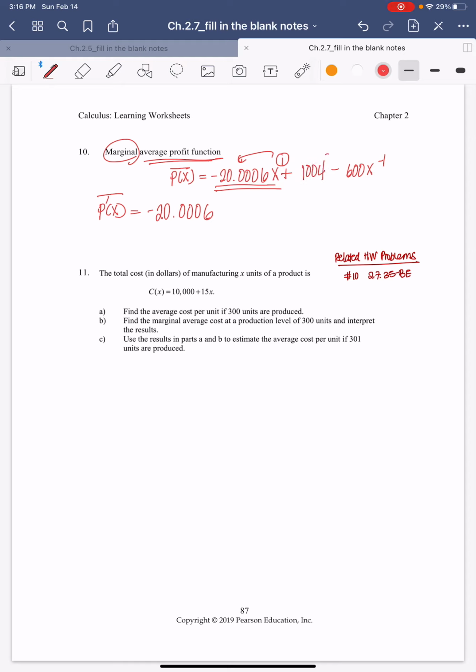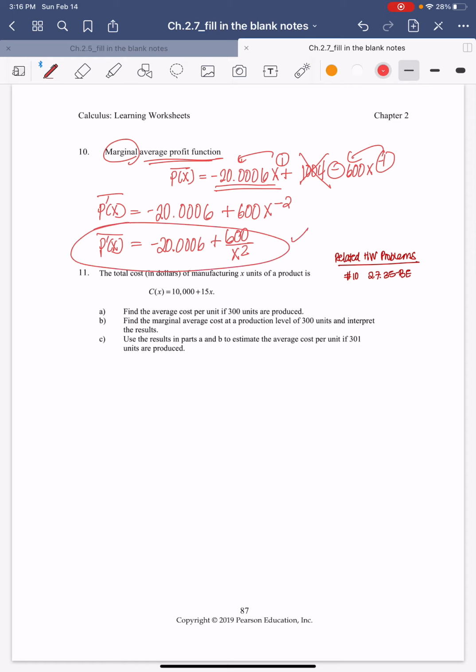But 1004 is a constant term, so it disappears. For the last one, negative times negative makes a positive 600. Subtract 1 from the exponent, so it will be x to the negative 2. Or you can rewrite that using a positive exponent as negative 20.0006 plus 600 over x squared. Done.